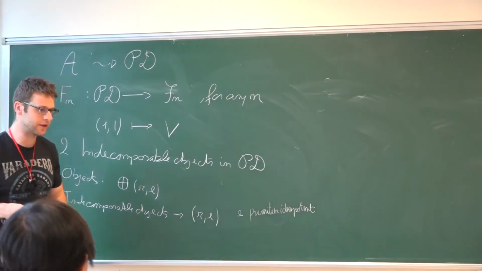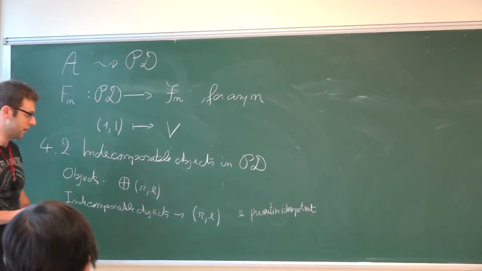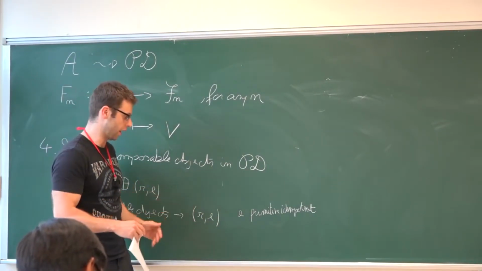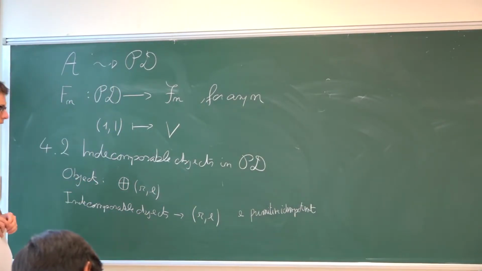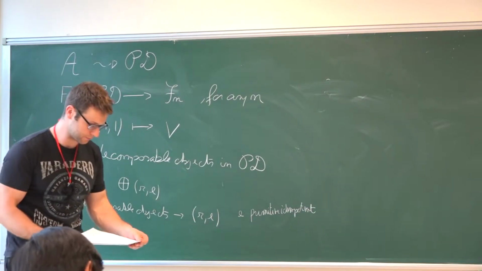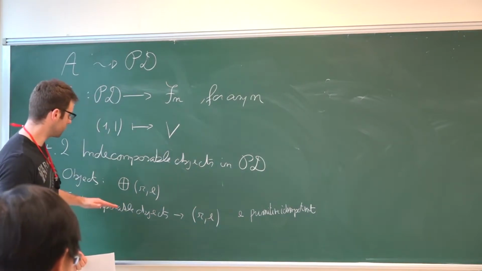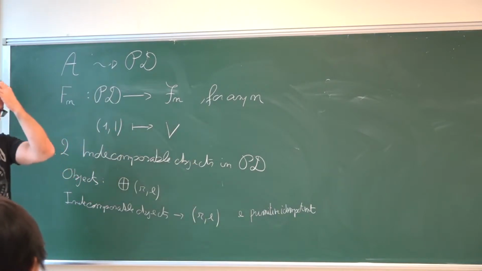Because by construction this category is idempotent split. If we take a non-primitive idempotent, we can write it as a sum, and that object would be isomorphic to the direct sum of those two idempotents. So the indecomposable objects are given by integers and primitive idempotents in the paraplectic Brouwer algebra.